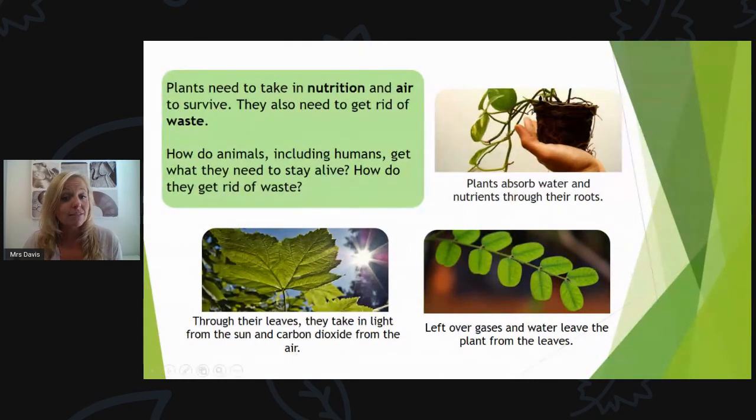So it breathes through its leaves, because it takes light from the sun and carbon dioxide from the air. That's how it gets its air to survive. And then leftover things that it doesn't need, leftover gases and water, leave the plant from its leaves.